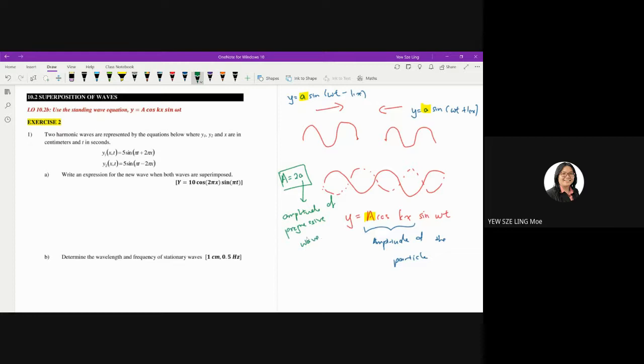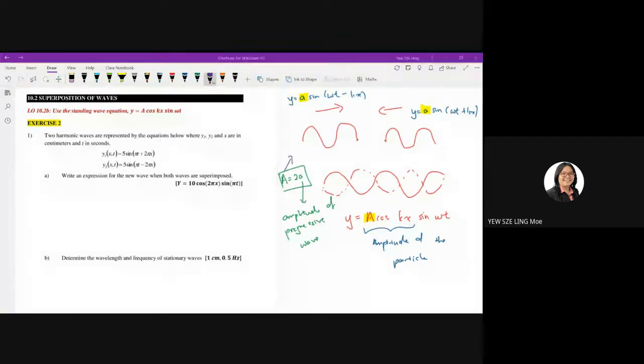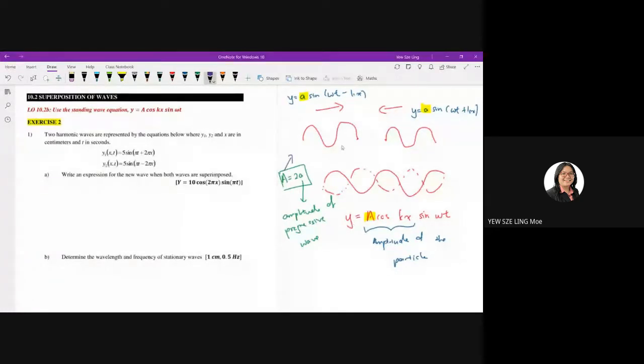So we have two different types of amplitude here, and there's one more amplitude that we have, which is capital letter A. Small letter a is the amplitude of the progressive wave. Capital letter A is the amplitude of the standing wave.